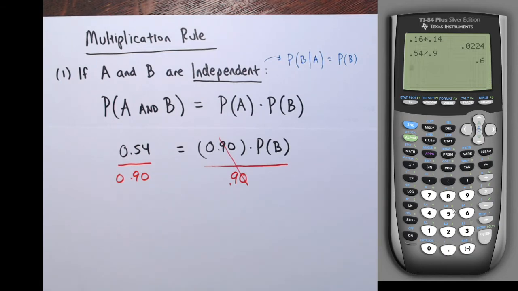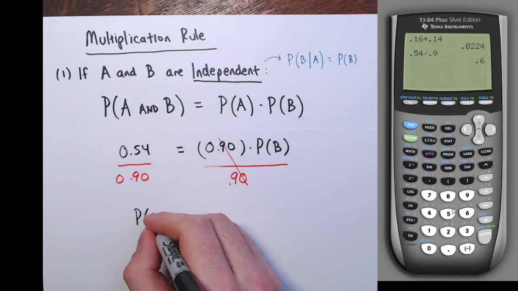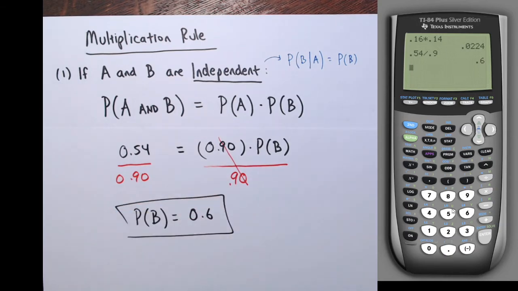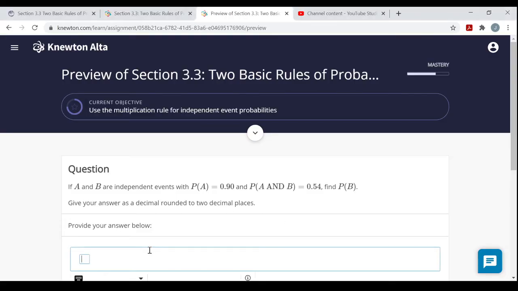So the probability that B occurs on its own is 60%, 0.6. So that's what I enter here.